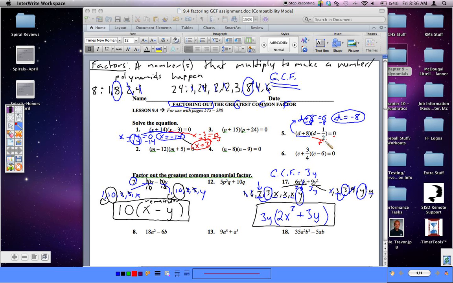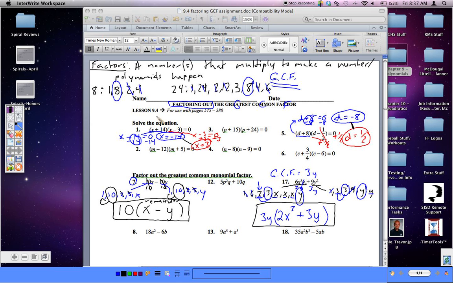We would have to add 1/2, and that would cancel. Add 1/2 here, and d would equal 0 plus 1/2 would be 1/2. That's as good as that answer gets. So, once again, each problem is going to have two answers.